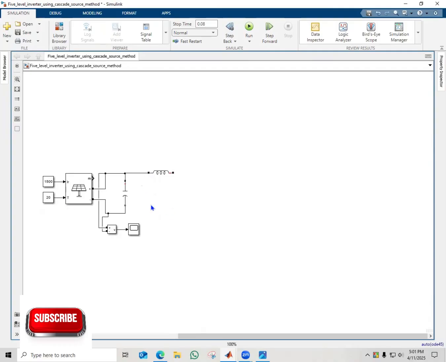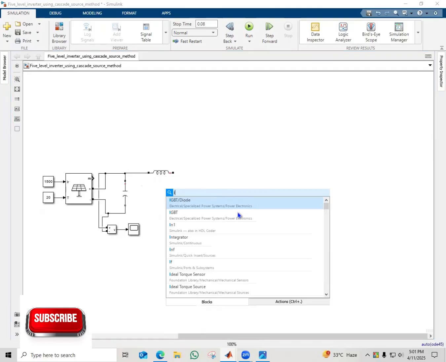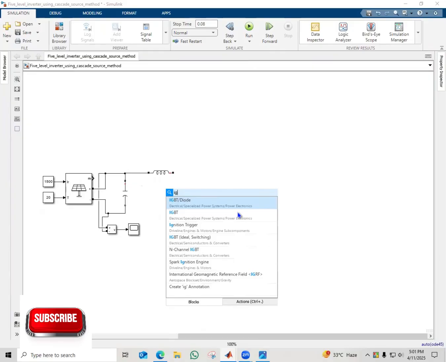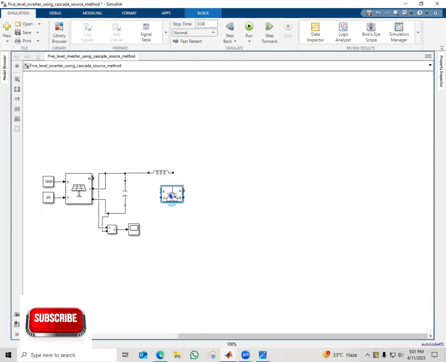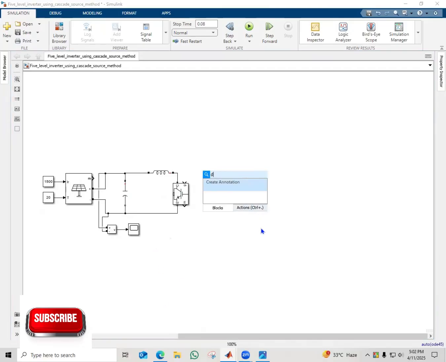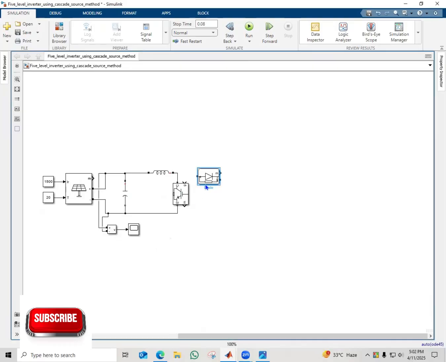And we need an IGBT. Now connect the IGBT with the inductor coil. We need a diode here. Okay, basically our program has been finished for the part of the booster circuit.